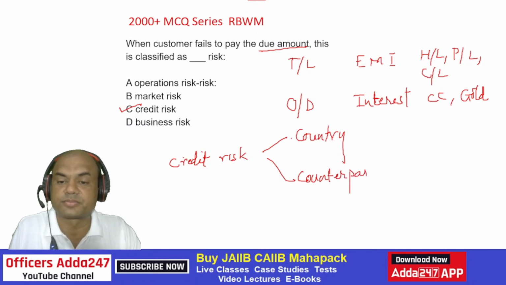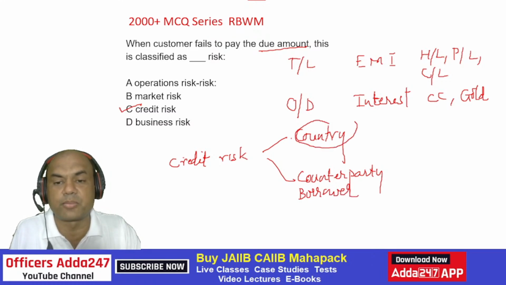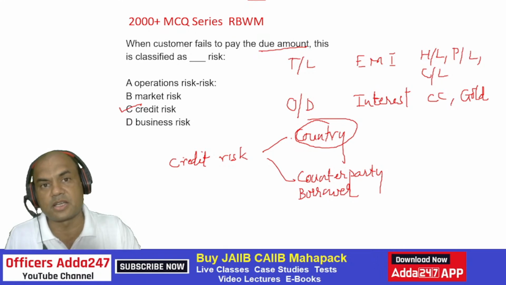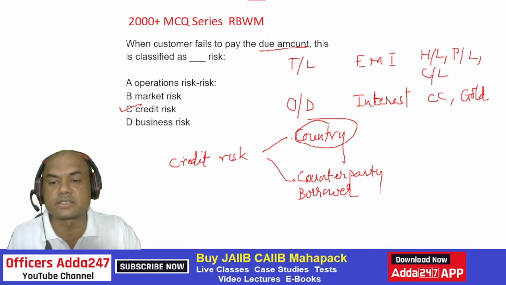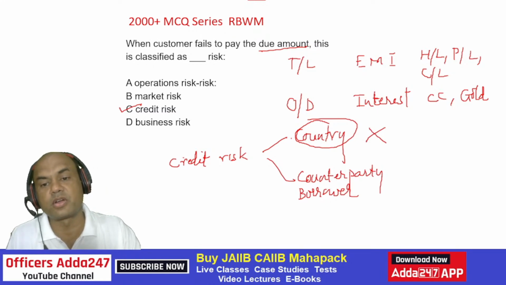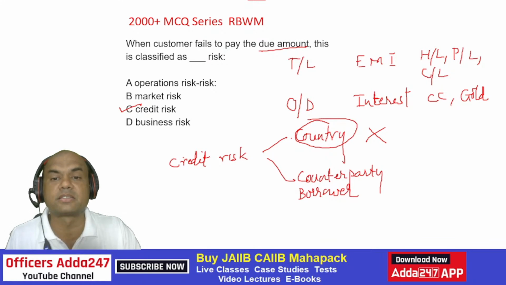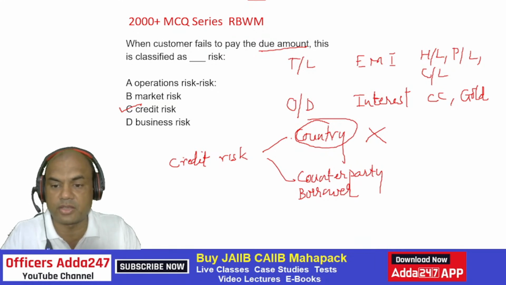In case of banks, the counterparty is the customer, the borrower. Here we won't consider country risk right now because that is typically for CIB and foreign exchange related transactions. Here we are dealing in retail banking, so we won't consider this at all now. This is borrower risk. Borrower risk means the borrower is not paying this due amount, EMI. So that is known as credit risk. Got it? Clarity? Everyone? Move ahead.